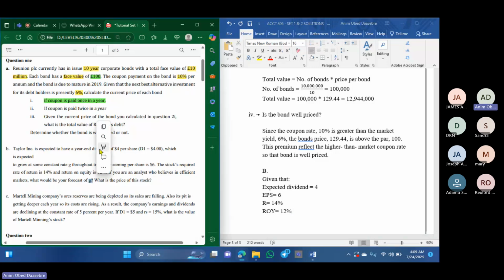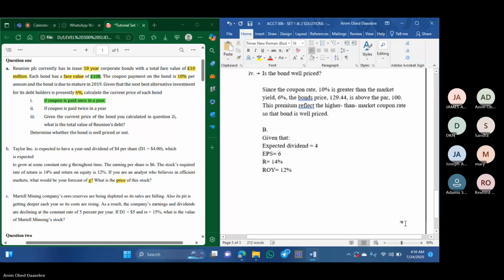So that means you are going to find the growth rate and the price.